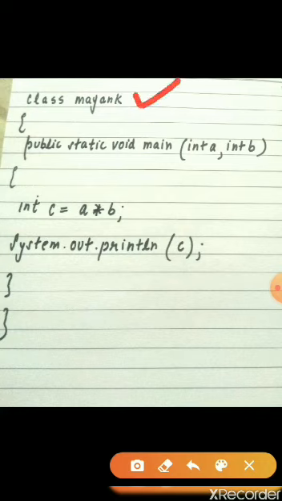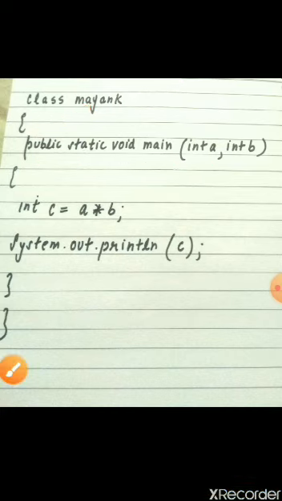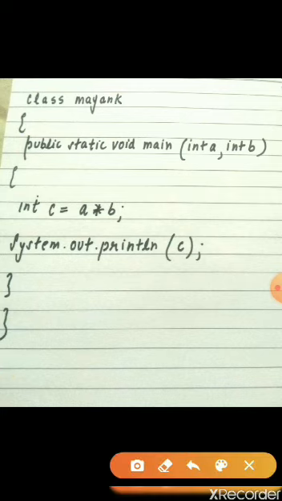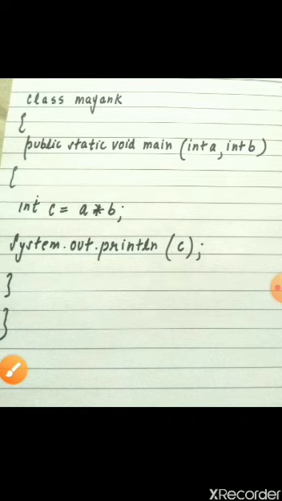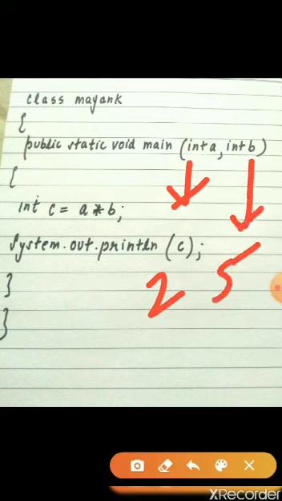Same class name I am taking, bracket open again, same line public static void main, like you write in class 7th. The difference is that here we have to take two variables, integer a and integer b, because here also we have to find the product of two numbers. For integer a I am giving the value 2, and for integer b the value 5.